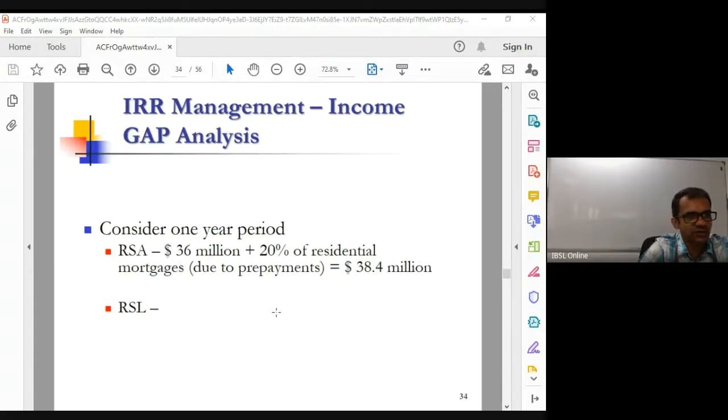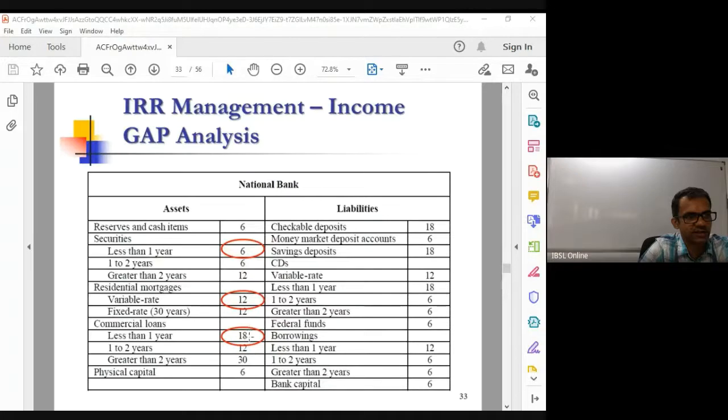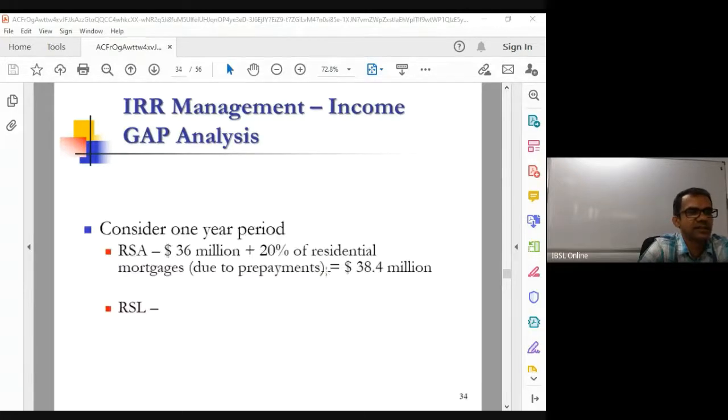This is the total of these 3, 6, 12, 18, 36. Then 20% of residential mortgages. That is based on the estimate that you have, based on the previous experience or depending on other factors based on your forecast. Because nowadays you might have experience that since the interest rates are very low, people tend to settle the existing loan and go for new loans if possible.